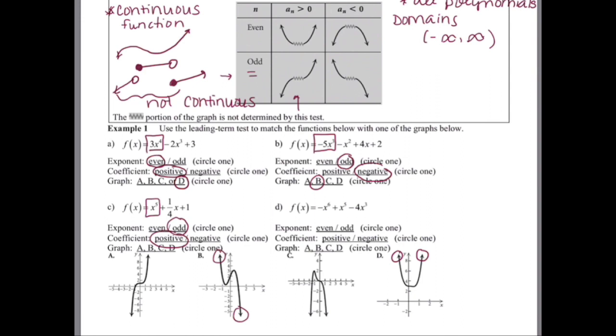So the left will go down and the right will go up, giving me graph A. And finally, by process of elimination, but we'll go through anyways and talk through it, I have negative x to the sixth plus x to the fifth minus 4x cubed. It's written in descending order, so I'll look at my leading term. My exponent is even. However, my coefficient is negative. So in both instances, both end values are going down. So then part C would be our result.